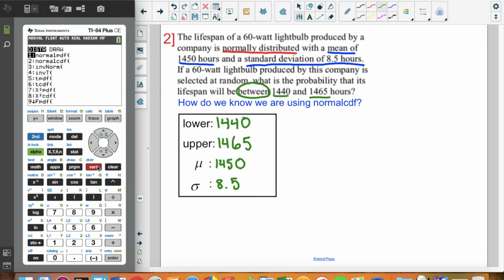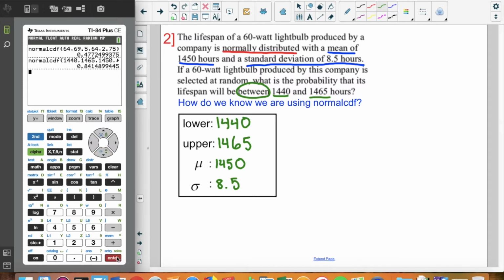So press second, vars, go to normal CDF. Our lower was 1440, upper was 1465. We had a mean of 1450, and our standard deviation was 8.5.